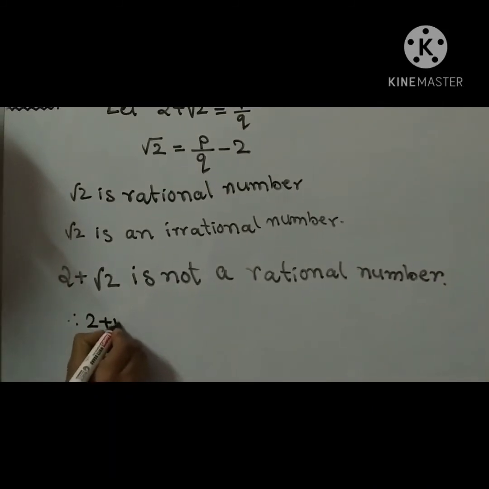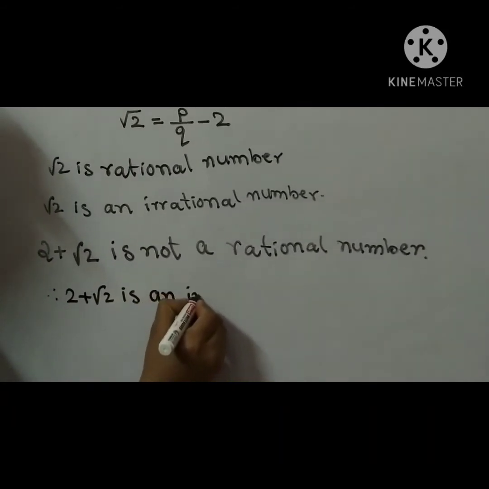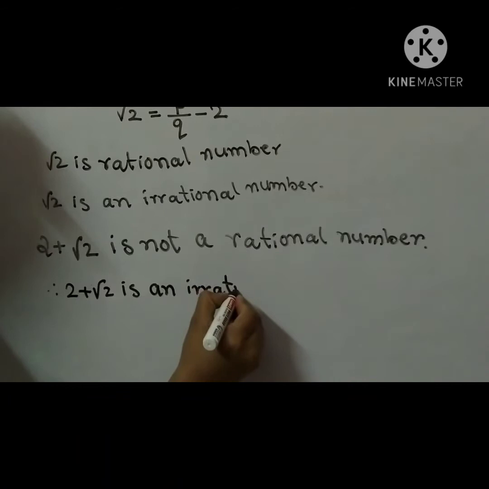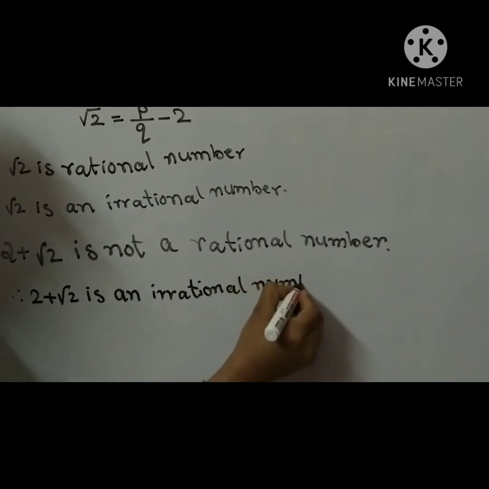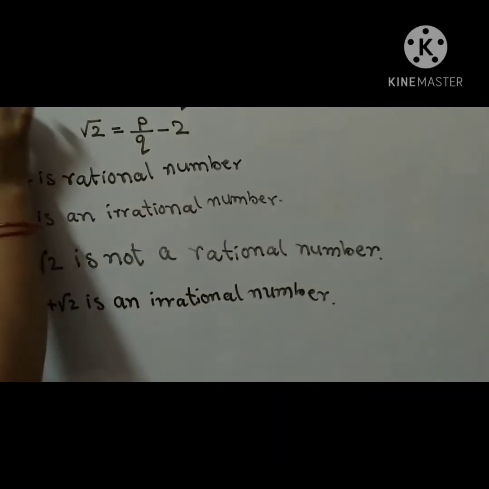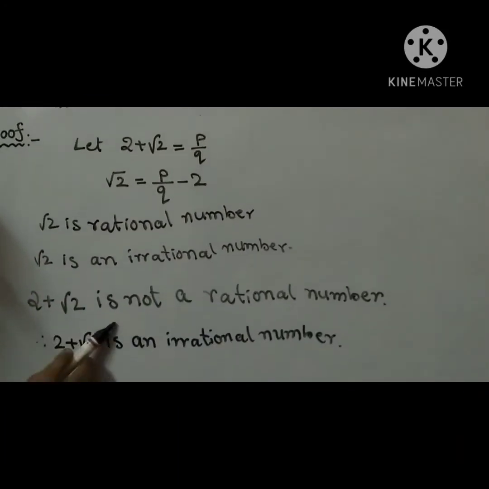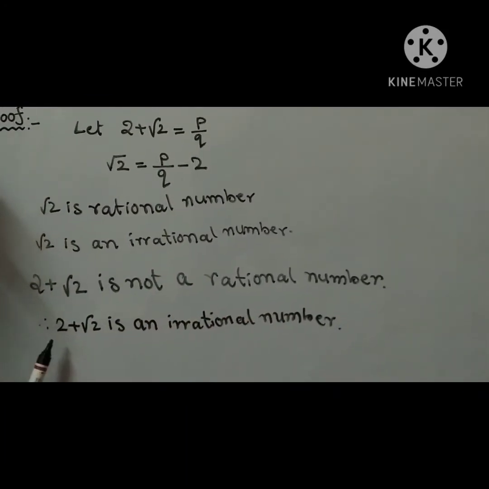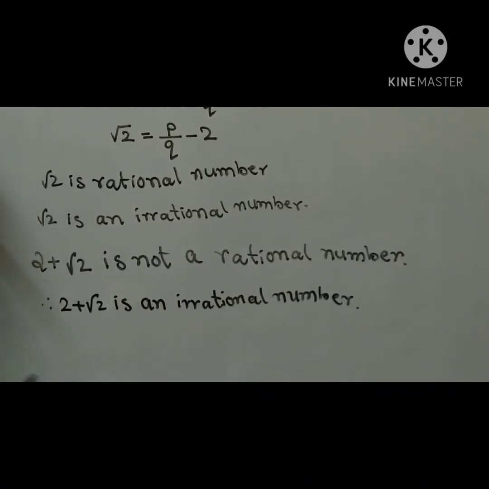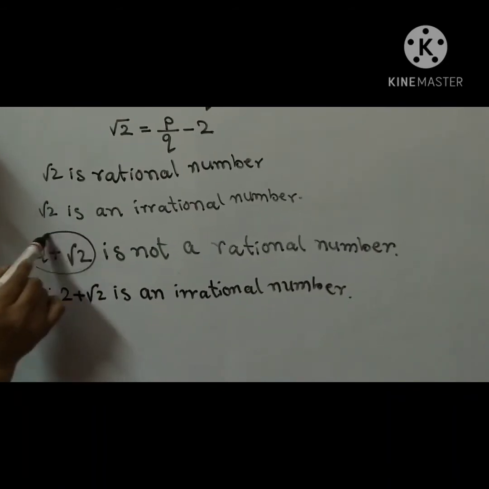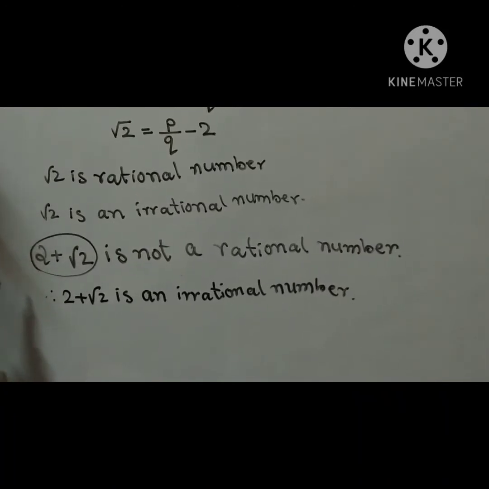Therefore, 2 plus root 2 is an irrational number. So we showed that 2 plus root 2 is not a rational number, because 2 plus root 2 is an irrational number. Did you understand, children? 2 plus root 2 is not a rational number. It is an irrational number. Okay?